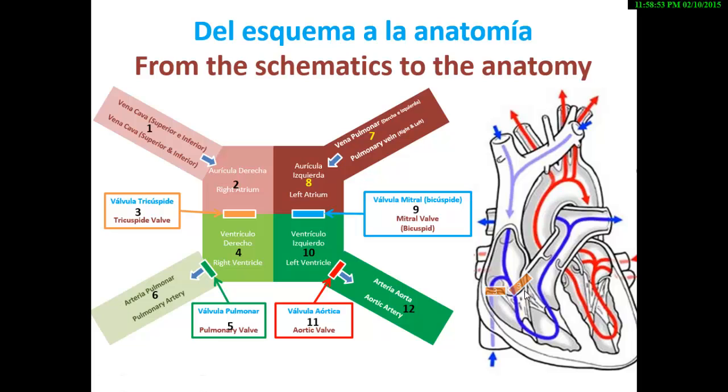Okay, so the next thing that happens is the blood goes into the right ventricle. Okay, then as you can see here, there is no artery that goes down. In the schematic it says it goes down, but in reality, if you look at a real heart, it actually goes up. And this is quite logical when you think about it, because your heart's between your lungs, so it shouldn't go down to your stomach.